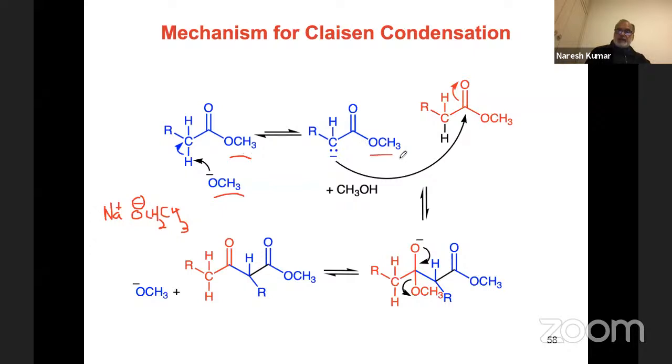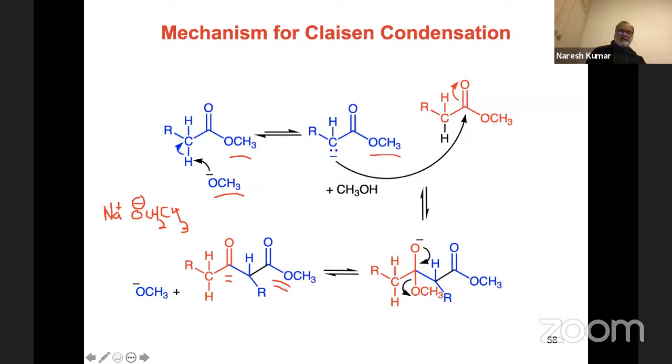It doesn't matter. And then OCH3 is kicked out. And the end result is a keto ester forming in this reaction. There's your keto functionality, and there is your ester functionality in that molecule. So the two esters condense together to form a keto ester. And this is what we call a Claisen condensation reaction.